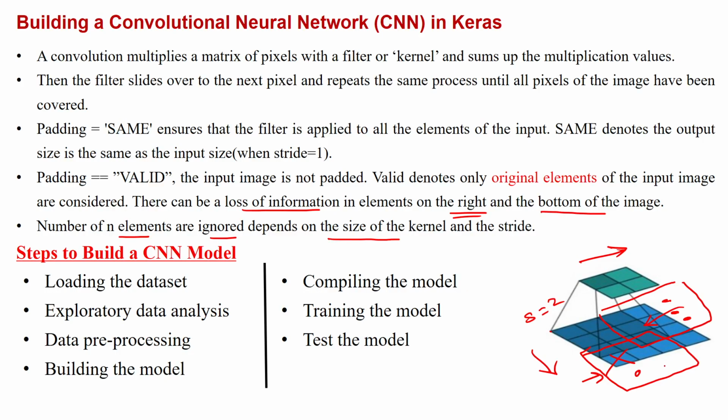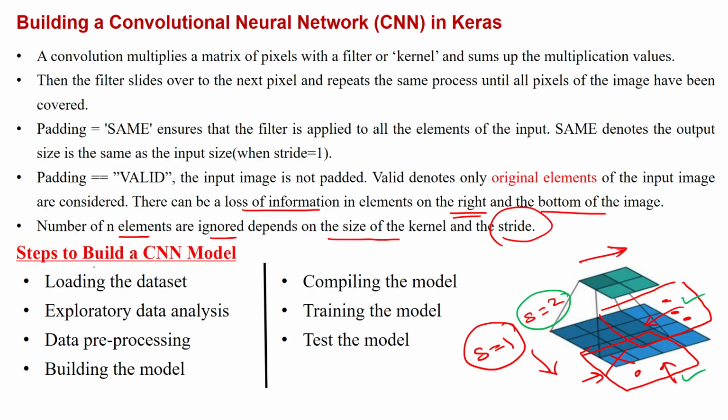That means how many pixels will be ignored if you are not using the padding depends upon the kernel size and the stride value. Because when you are using stride one, it is possible to find the feature map without loss of information. But when you are using stride equal to 2 in the same example, there is the possibility of losing information on the right side of the image and the bottom of the image.